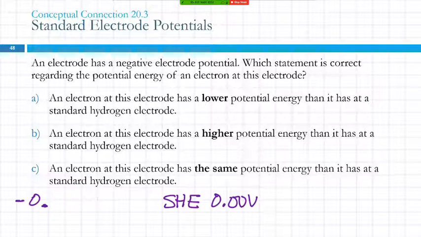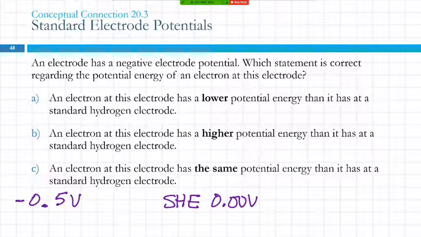Let's say negative 0.5, making up a number. At this negative electrode, is a negative electron going to be attracted to this or repelled from it? Like charges repel, yeah? So this has a negative potential. It's going to make the electrons want to go towards something more positive.